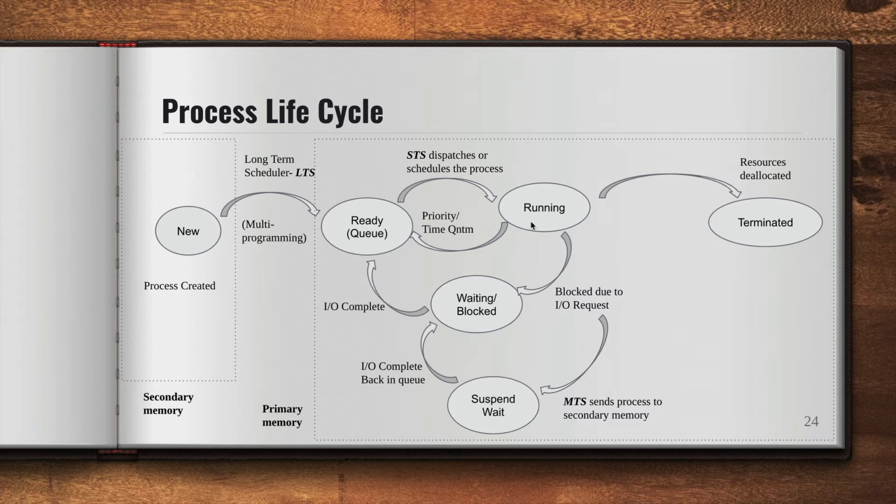Or if there's another program that comes in which has a higher priority, then that particular process is put back into the ready queue, and the program that has a higher priority starts getting executed. So the CPU is assigned to that next program which has a higher priority. Once the next program finishes execution, we put the previous program back into the running mode.